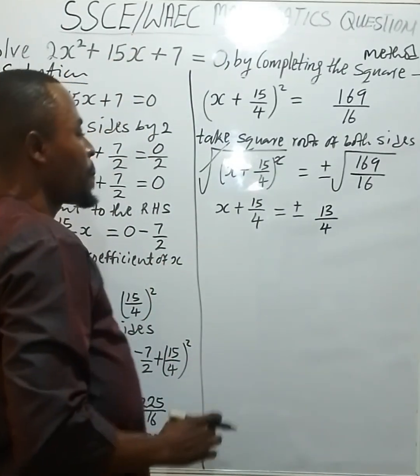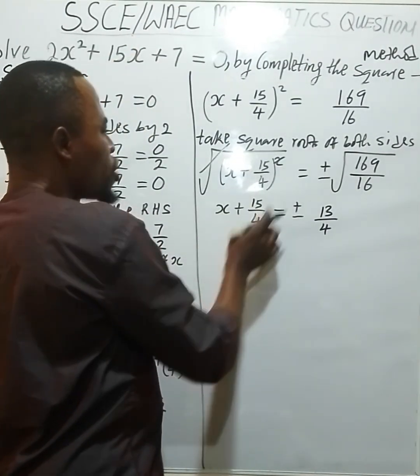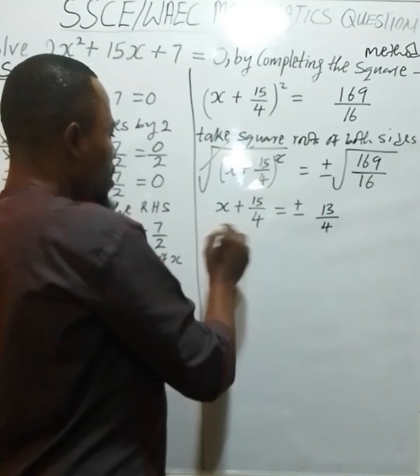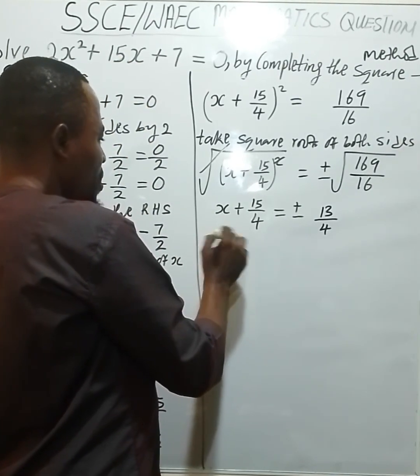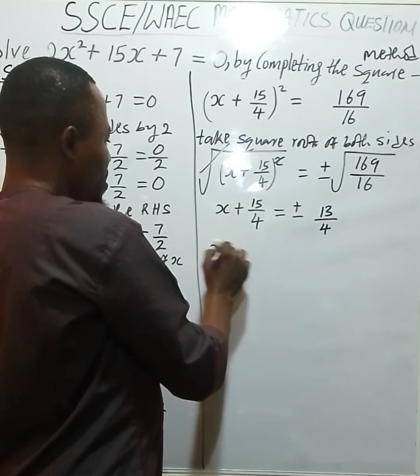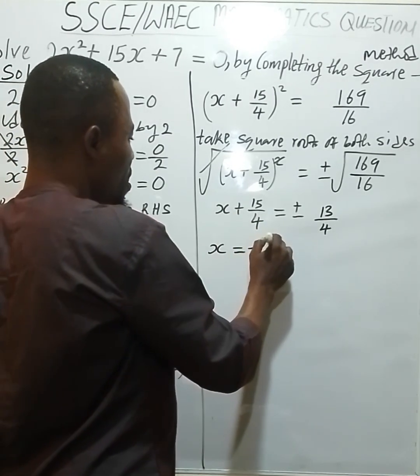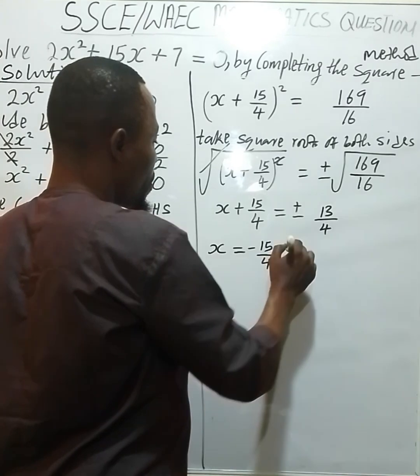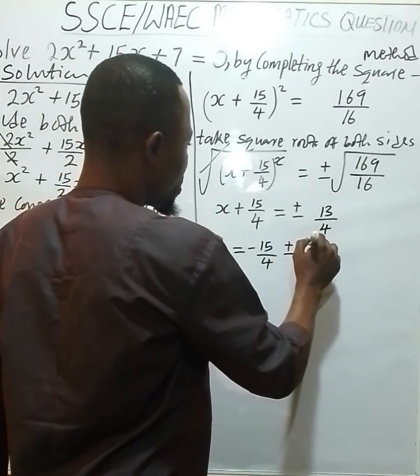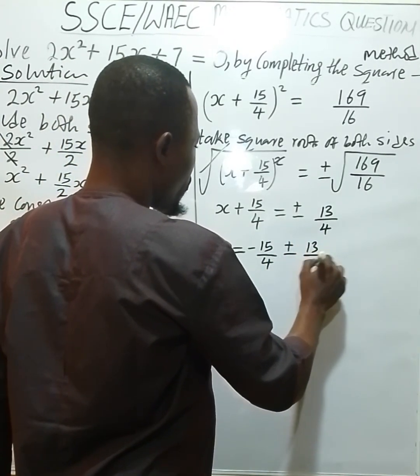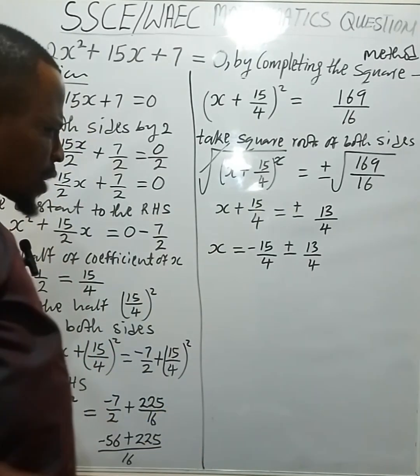Having done that, we will now move 15 over 4 to the right hand side. So it will now give us x equals, this one is positive, it will turn to minus 15 over 4 plus or minus 13 over 4. Are we together now?